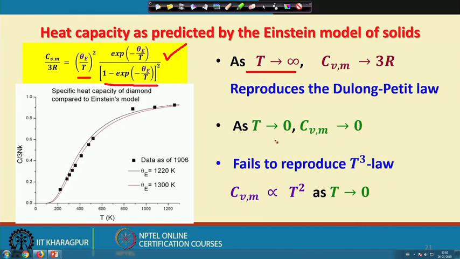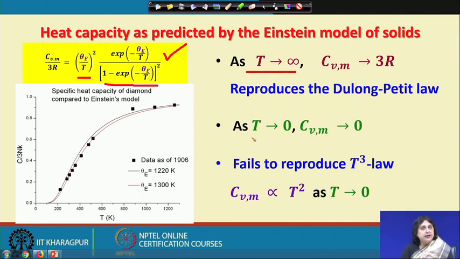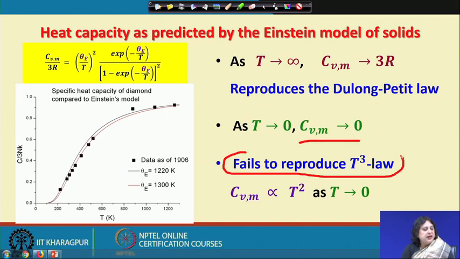Now, let us have a look at what happens when t goes to 0. When t goes to 0, I have the entire expression. If you use L'Hopital's rule, you will be able to show very easily that CV will also go to 0. Now, here comes the most important observation that tells us that not everything is well with the Einstein model of solids.